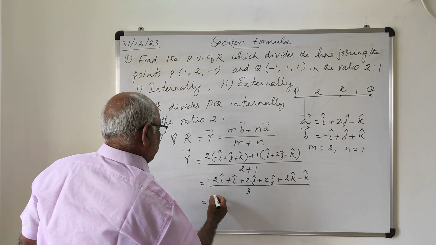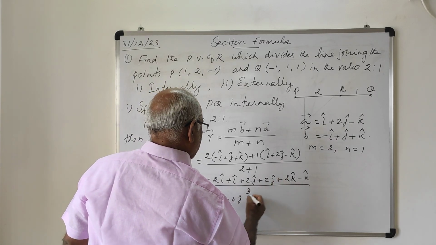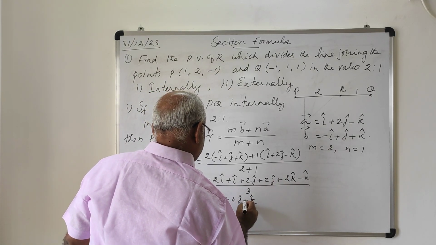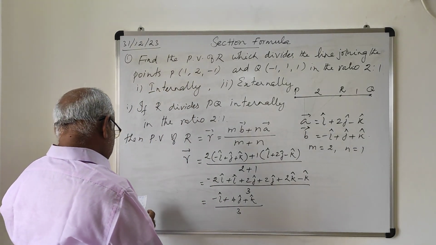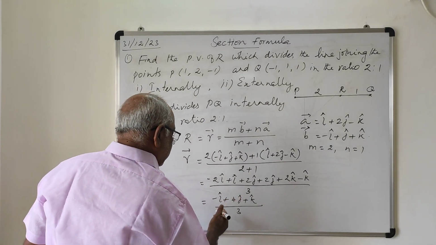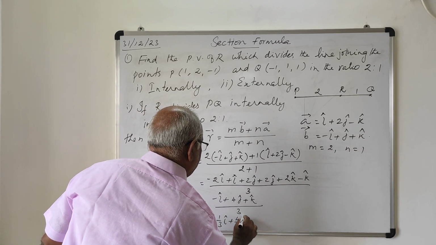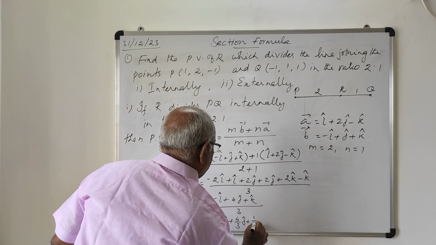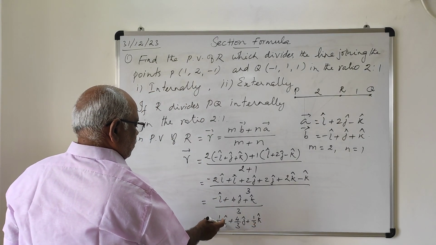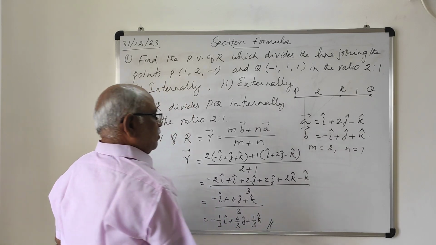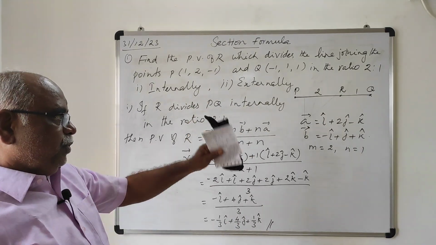So you have minus i plus 4j plus k by 3. Divide each vector by 3: minus 1 by 3 i plus 4 by 3 j plus 1 by 3 k is the position vector of the point R, which divides the line PQ internally in the ratio 2:1.